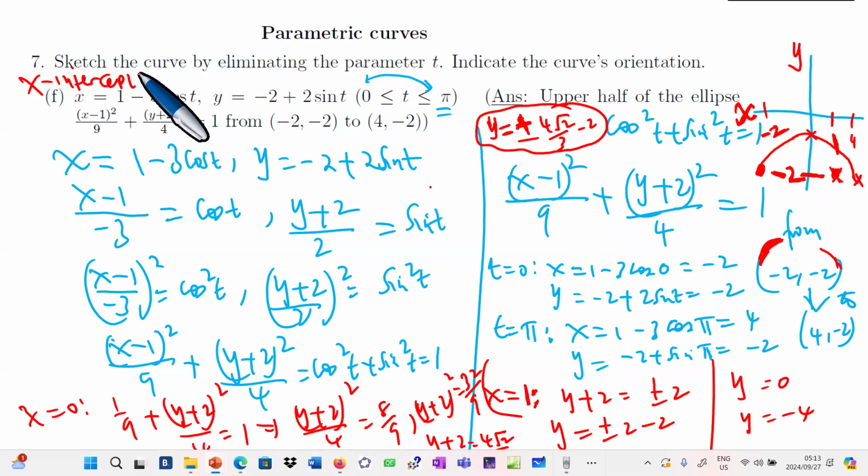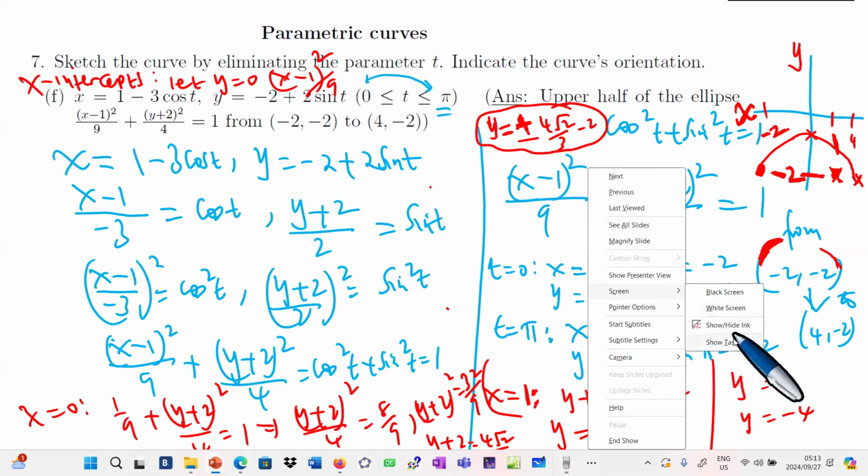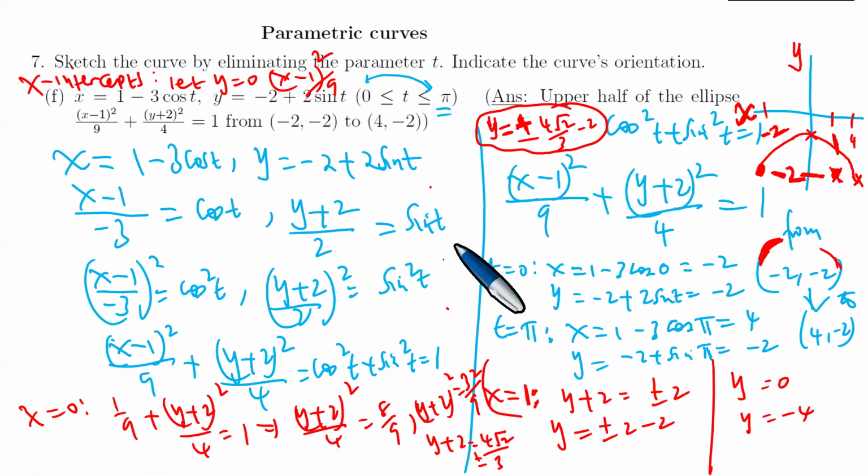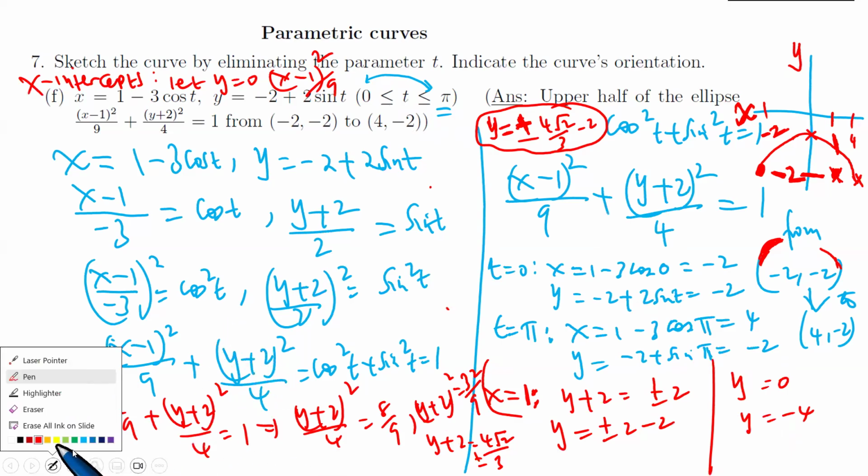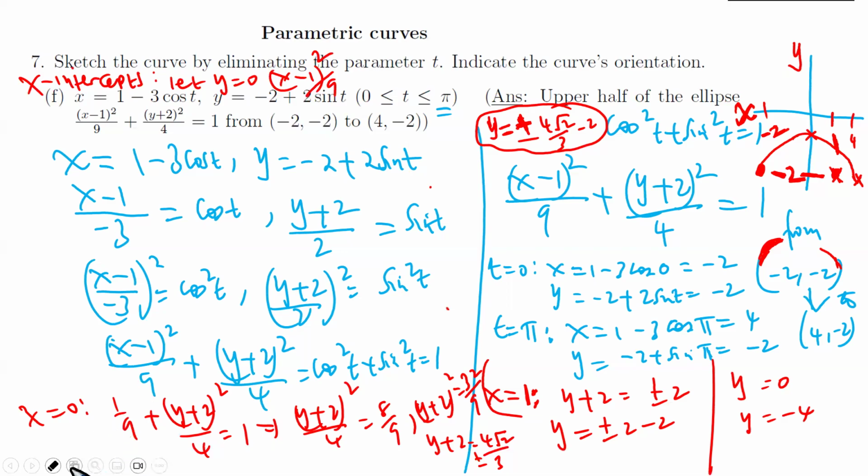Let us check some x-intercepts. And to check x-intercepts, you let y be 0 in the ellipse. When y is 0, it's going to be 4.